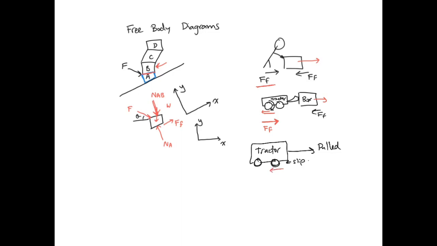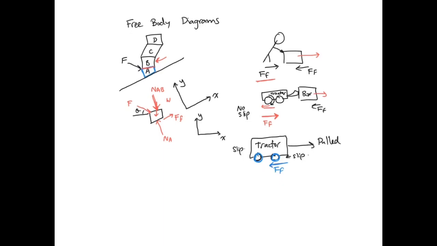So here you have no slip, here you have slipping. Because when these tires are slipping against the ground, they're no longer rotating and creating that traction. They might as well just be a box on the ground, which means that the force of friction is simply opposing the motion. That's important to understand. I'm going to move this up so that we can talk about impending motion. Impending motion is really, really important to consider.